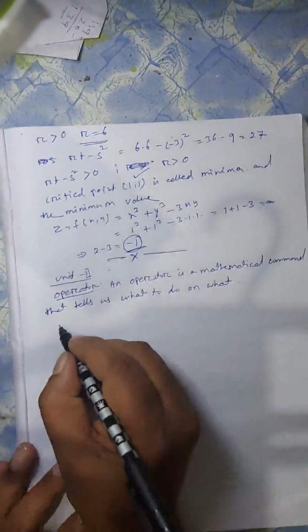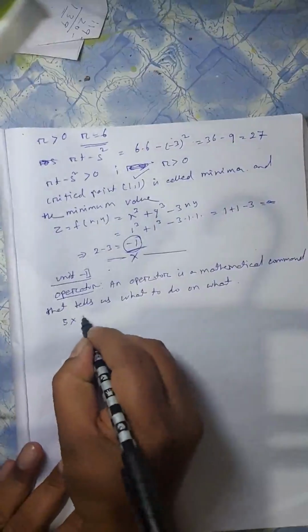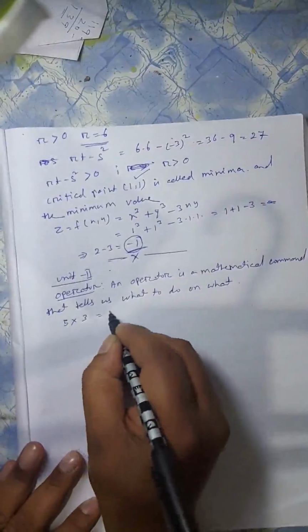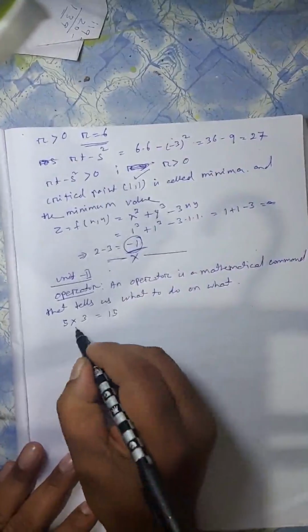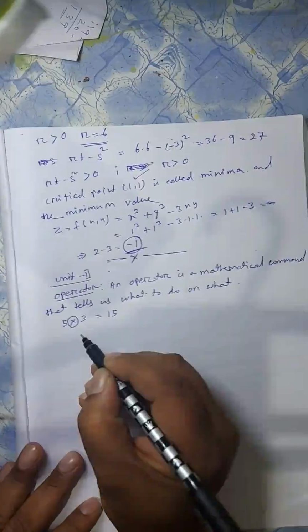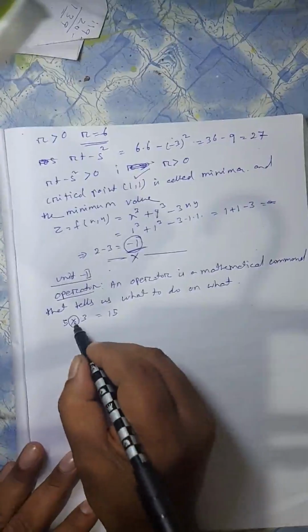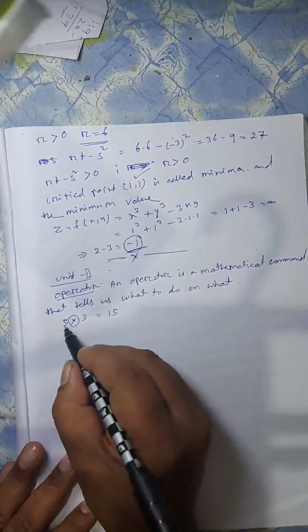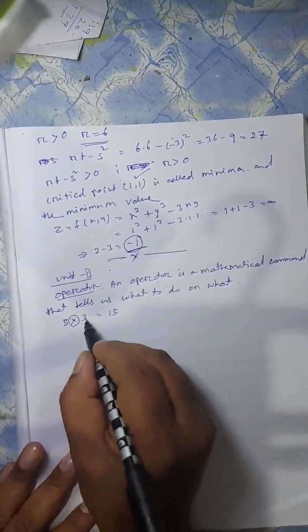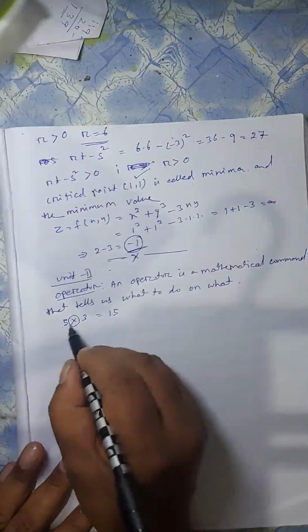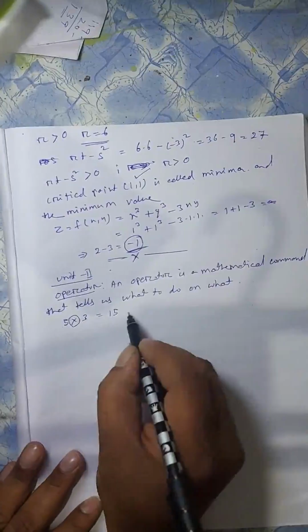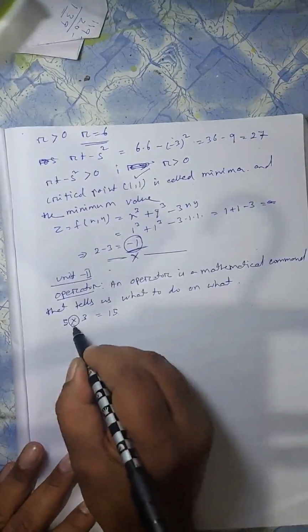That means suppose I write 5 into 3. We know that the answer is 15. This is called the operator into, and this operator operates on these two numbers, which is multiplication, and converts them into the result 15. This is called the multiplication operator.